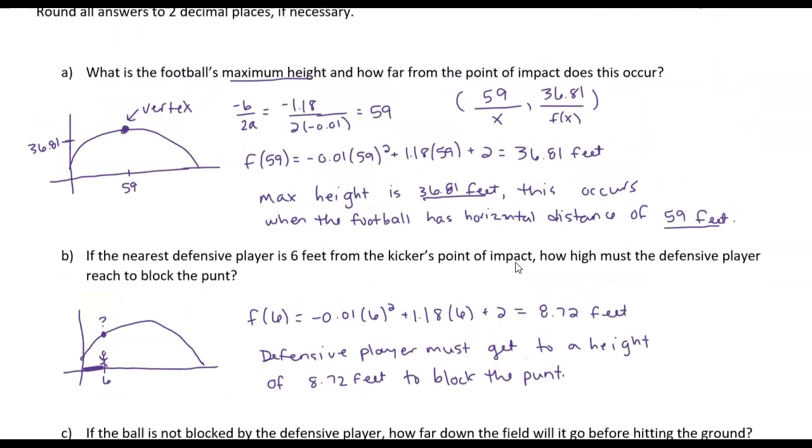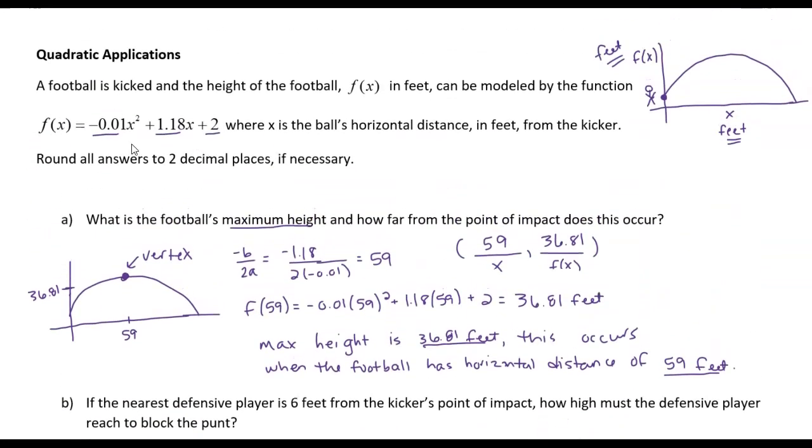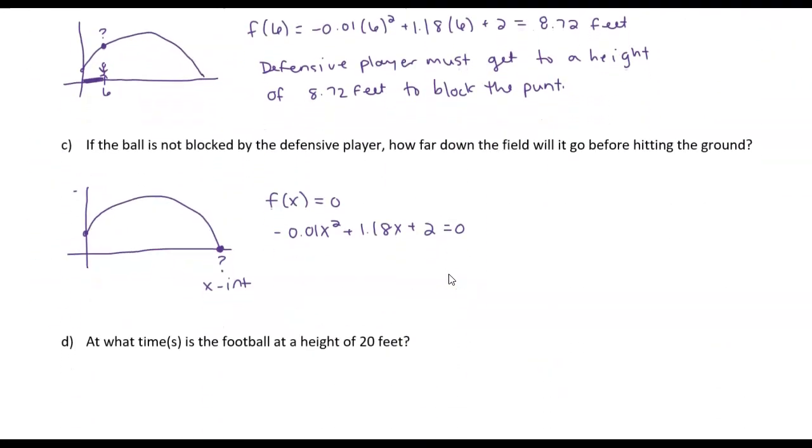I am just using this same function that was given up here. Now, why are we setting it equal to 0? You wonder, is that's your height, right? If you're on the ground, because they said, when does it hit the ground? That's a height of 0. So we're saying, when is f of x, which represents our height, equal to 0?